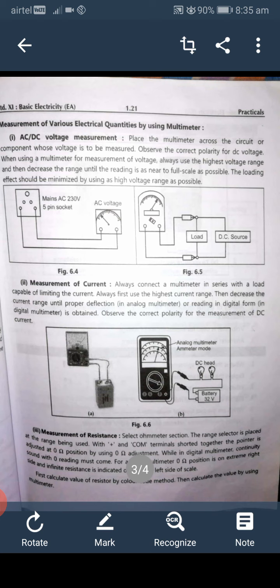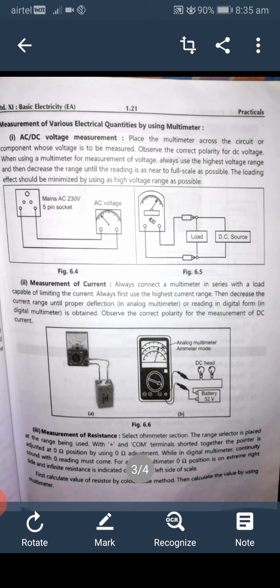Always first use the highest current range, then decrease the current range until proper deflection in an analog multimeter or reading in digital form in a digital multimeter is obtained. Observe the correct polarity for the measurement of DC current. The connection diagram is shown in the diagram given below.